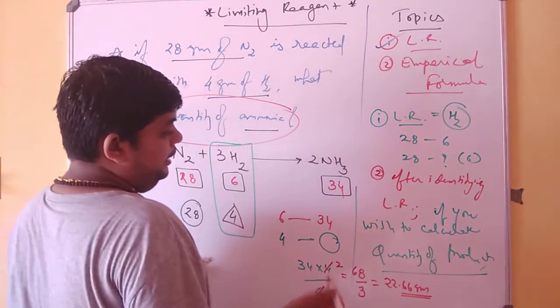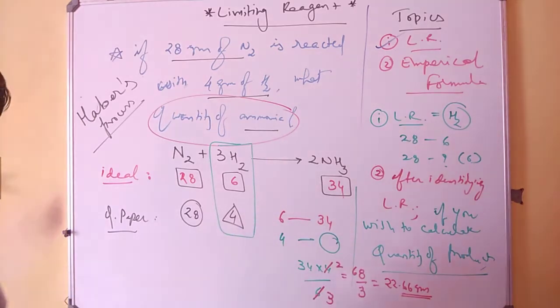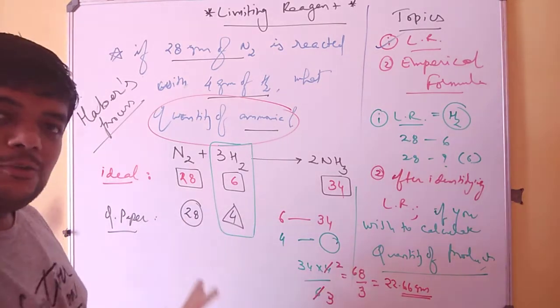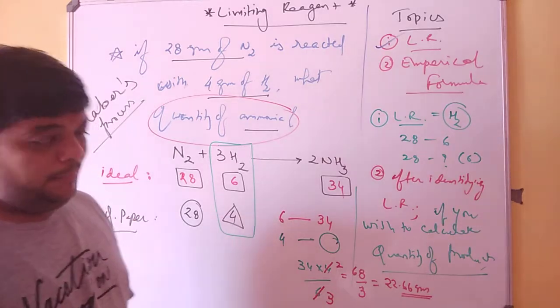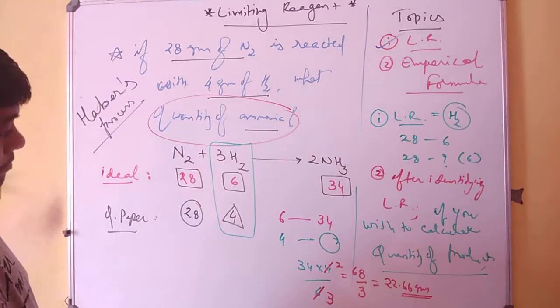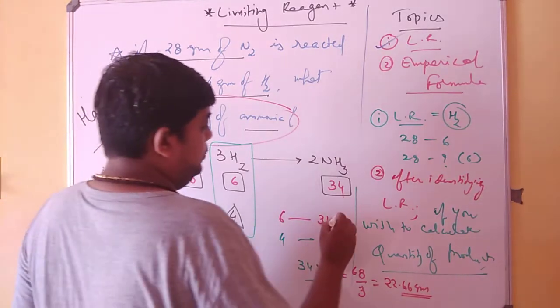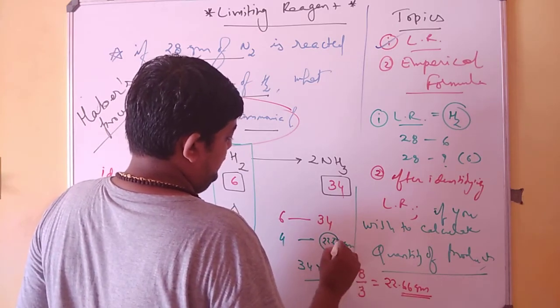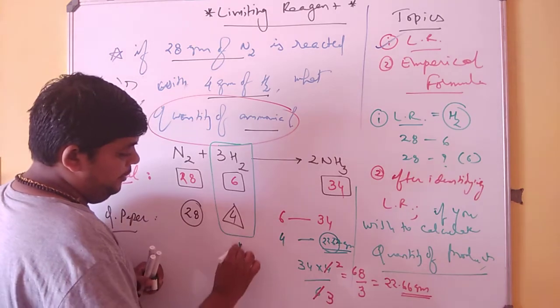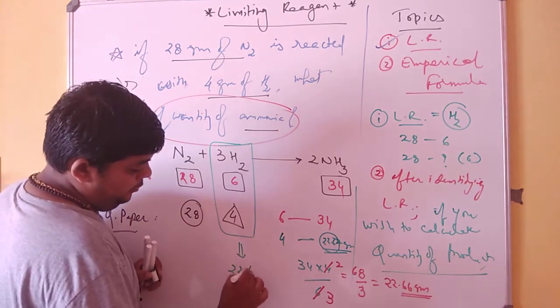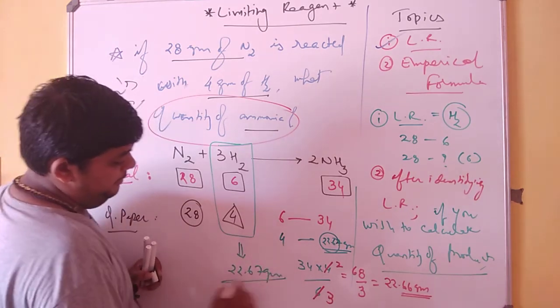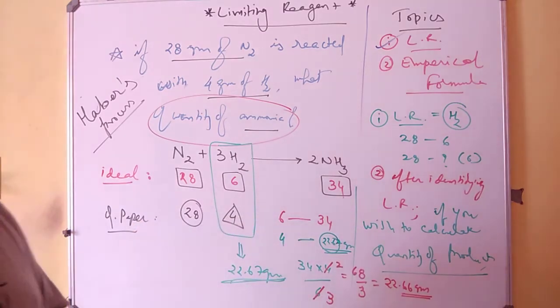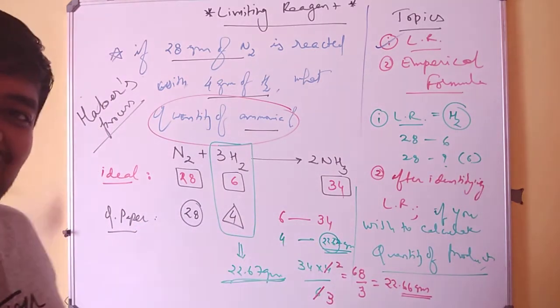You can cross check it, and if you find any odd answers that I am writing here, as always, report them to me in the comment box, by email, by WhatsApp. So my answer would be 22.67 gram. So the quantity of ammonia obtained is 22.67 gram, and it is true. For 6 you need 34, so it has to be less than 34.